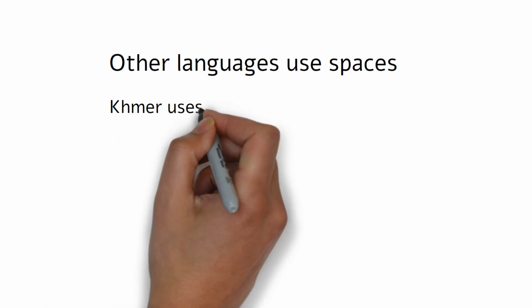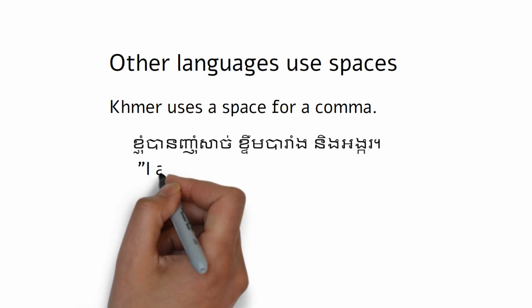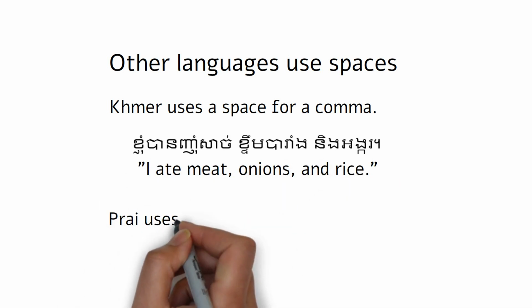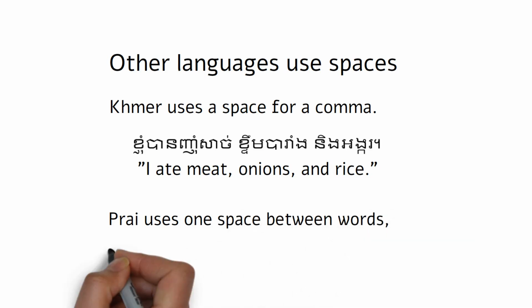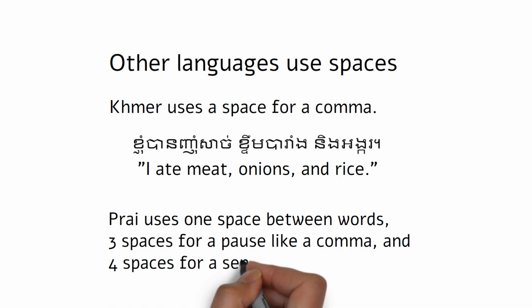Khmer uses a space for a comma. I ate meat, onions, and rice. Pry uses 1 space between words, 3 spaces for a pause like a comma, and 4 spaces for a sentence break. So, there are different ways to mark these pauses and grammar divisions.